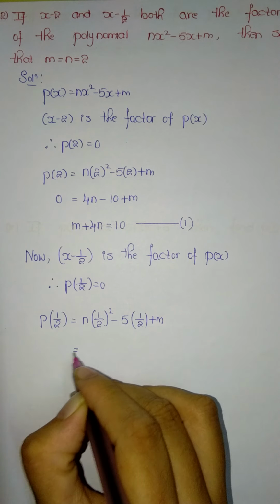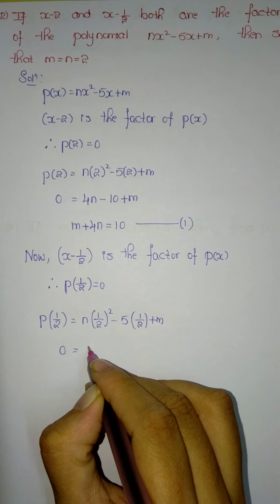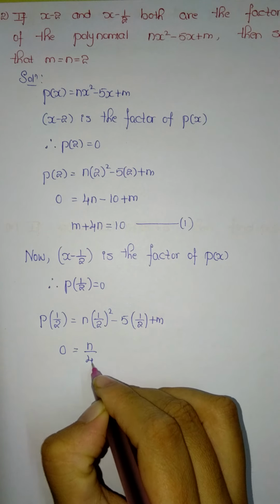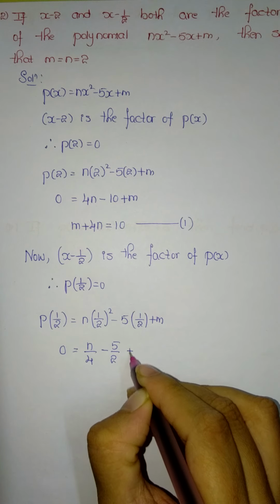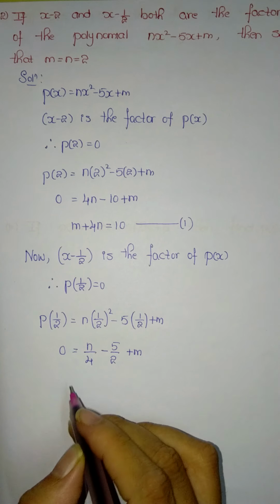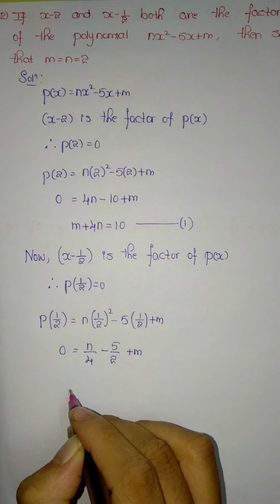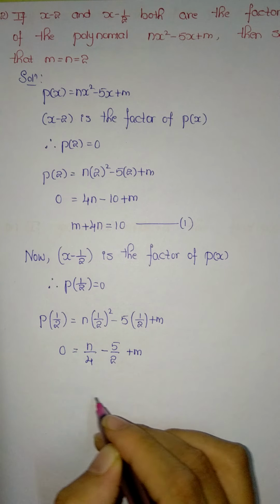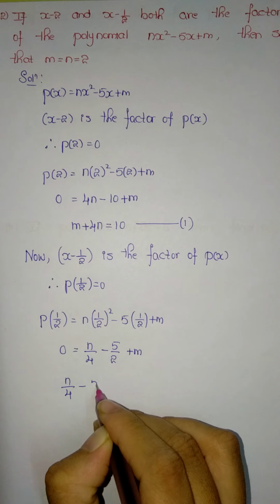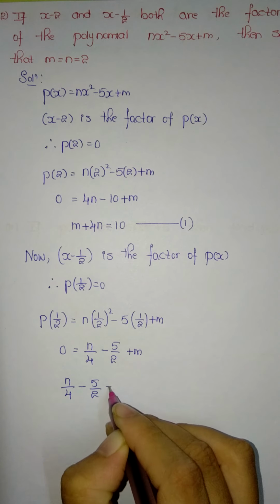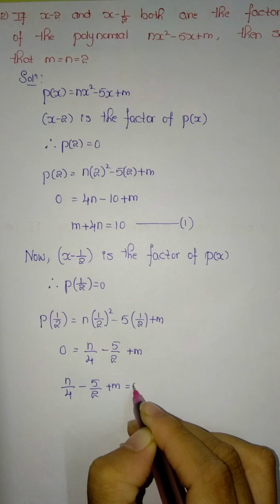So this one is 0, so it becomes n by 4 minus 5 by 2 plus m equal to 0.